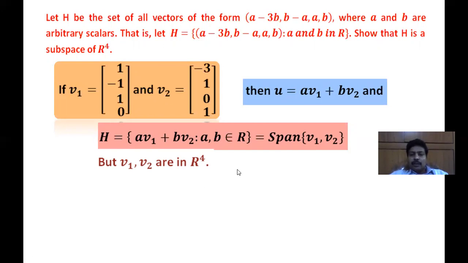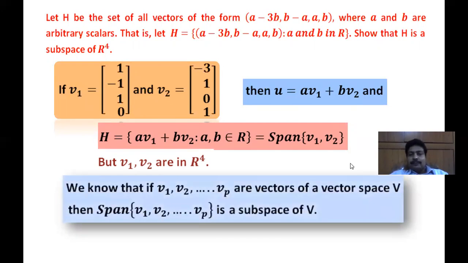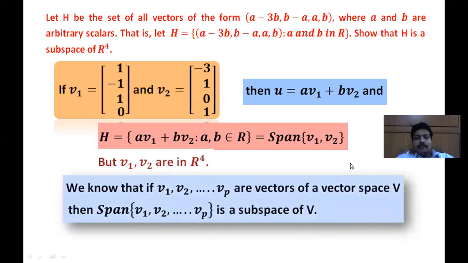As per our previous theorem, if v1, v2 and so on, vp are vectors of a vector space V, then the span of v1, v2 and so on, vp is a subspace of V. So here H is a span of v1, v2, and v1, v2 are in R4, a vector space.